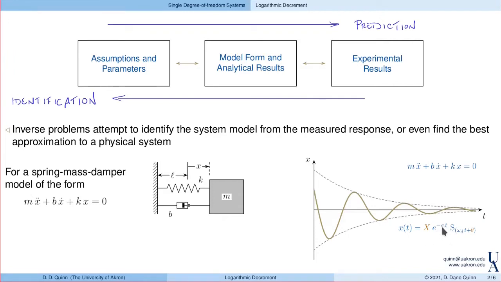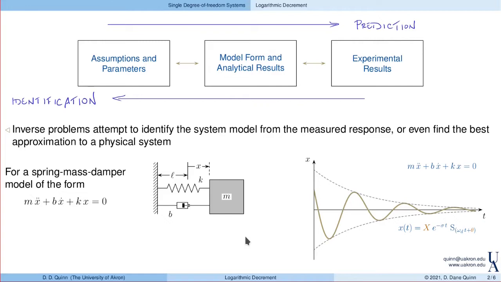Here, this would be represented as sigma and omega d. There are other forms that we'll look at. And then the second aspect of this is initial conditions, right? So x depends on the initial conditions, and theta, the phase shift, depends on the initial conditions for the problem. But if I'm looking for a model, really what I'm focused on are these system parameters.